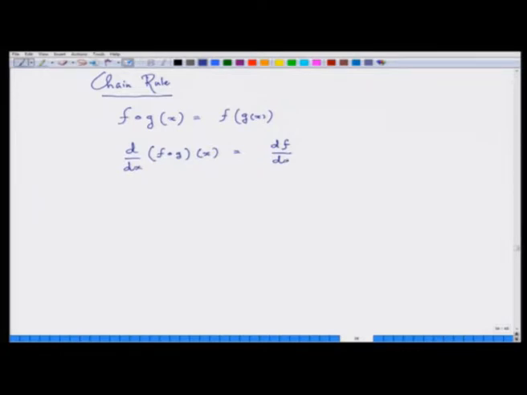So, of course df/dg evaluated at the point g(x), right, that is more important, into dg/dx evaluated at the point x. So, you can write this in a more apparent shorthand that we use.